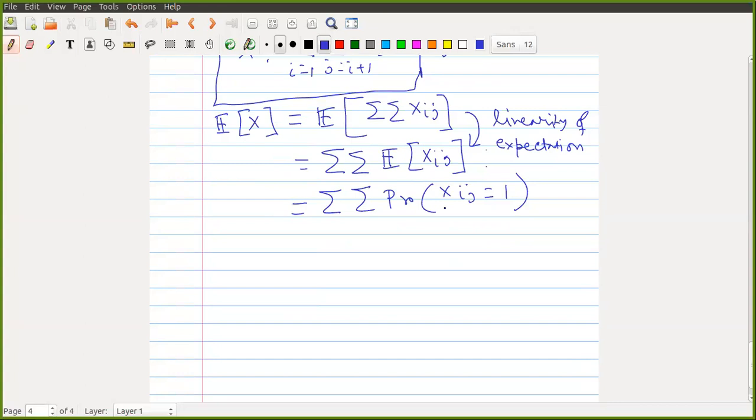Now, if this is okay, the whole analysis boils down to computing this probability. Now, when are these two elements y_i and y_j compared?